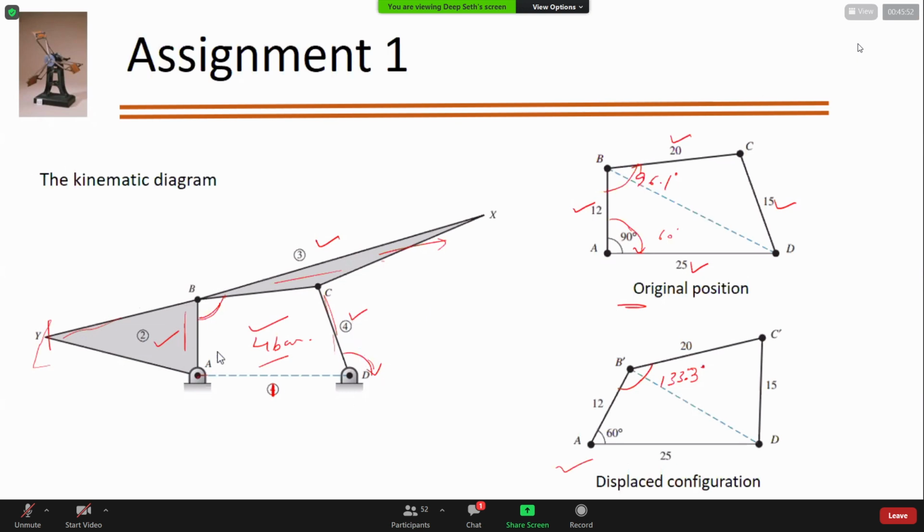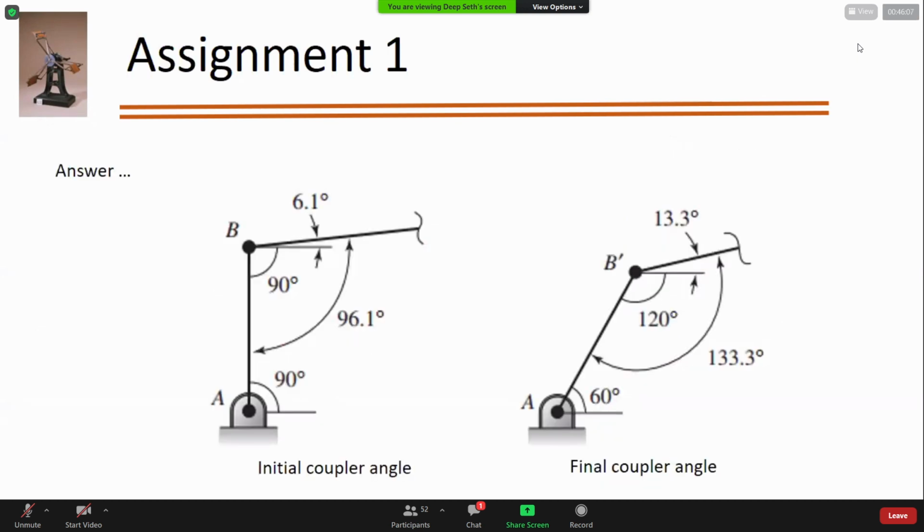Okay. So by the law of 360 degrees, you can find it. Once you know this one, opposite angles will create an angle of 180 degree. So like that, you will find the opposite one, and next this one you can also find. Okay, so this is your final coupler angle that you will form, right?